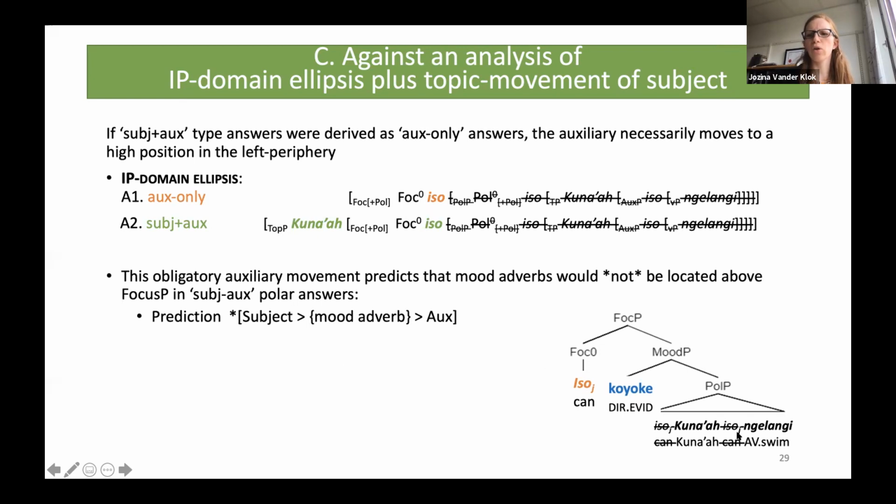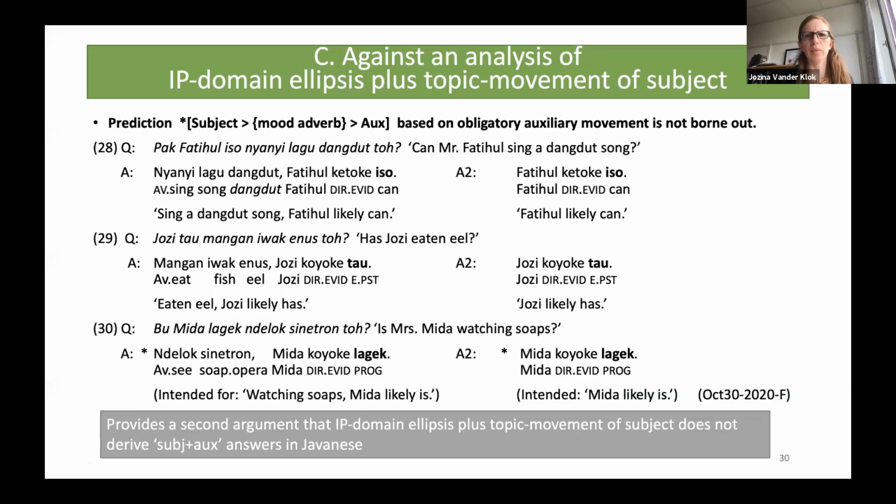So recall the full sentence examples. We had this unexpected word order, so we would not predict that IP domain ellipsis would allow the order subject, mood adverb, auxiliary in answers. But this is not borne out.